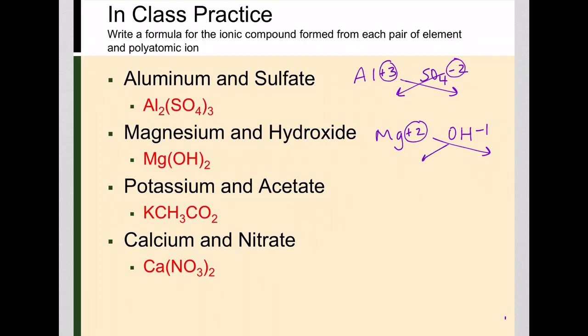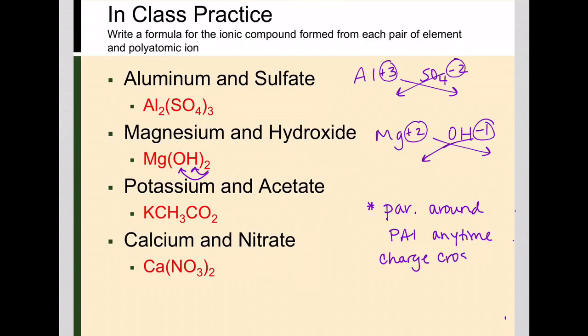So the only way to make that 2 count for both the O and the H essentially is if we have the parentheses, so that could distribute. Okay? So again, maybe jot down the rule. Parentheses around a polyatomic ion anytime the charge crossing down to it is 2 or greater. Okay?